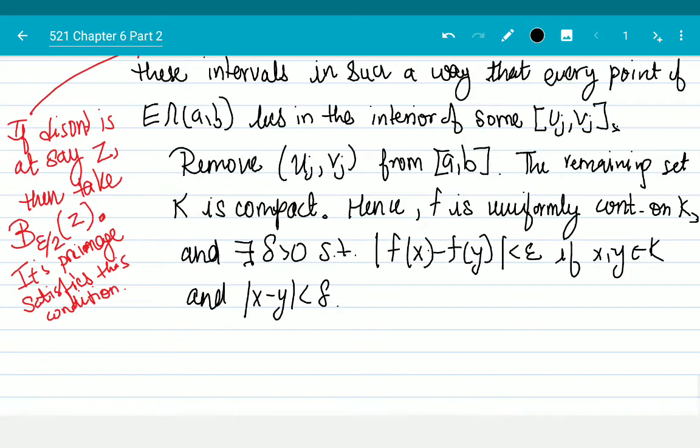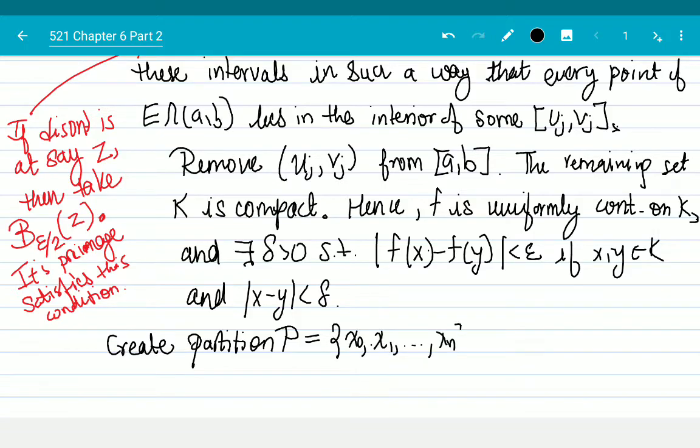Now, here's how we create the partition P. Create partition P equal to x0, x1, ..., xn of AB as follows.